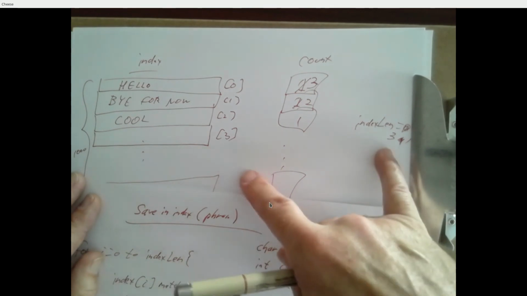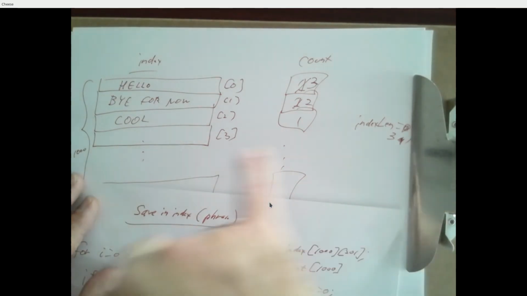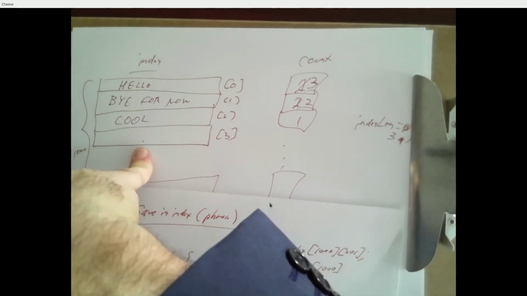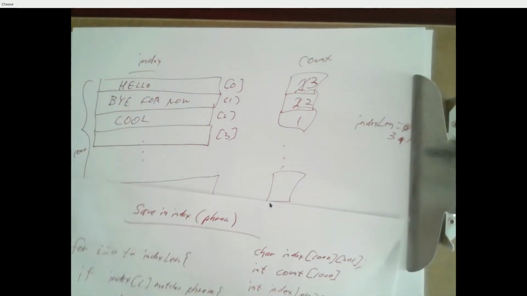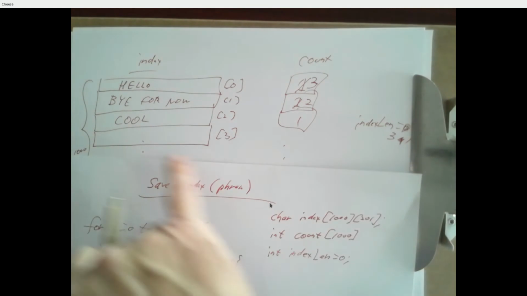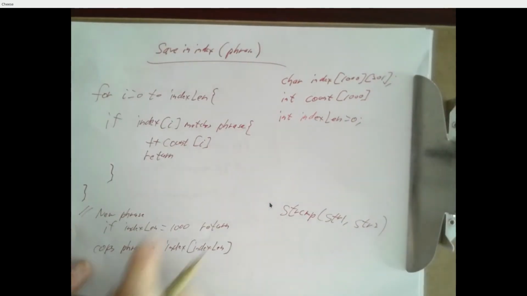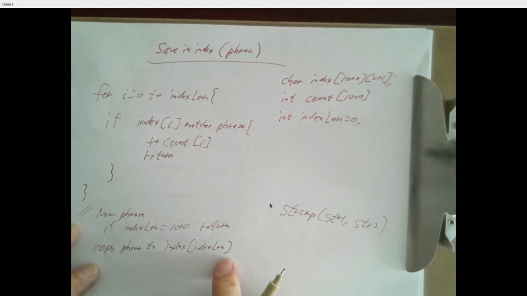So index len, the way I've set this up, is always the location where you're going to store the next phrase. You might do it differently, okay? But whatever your interpretation of index len is, use that to figure out where to store. So in this case, I'm going to copy the phrase to entry index len.